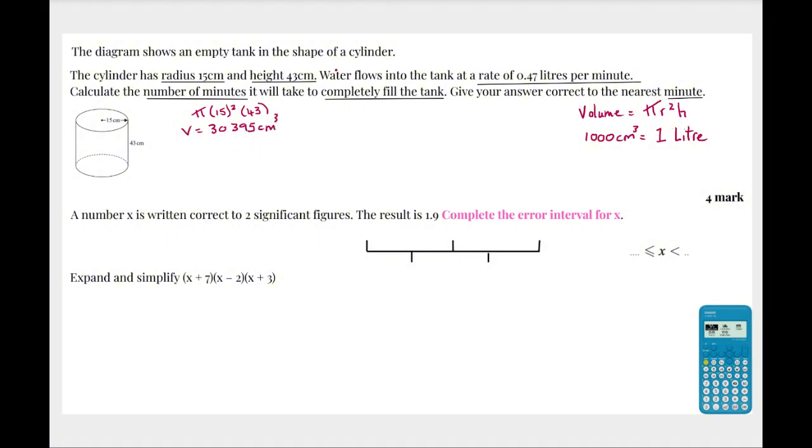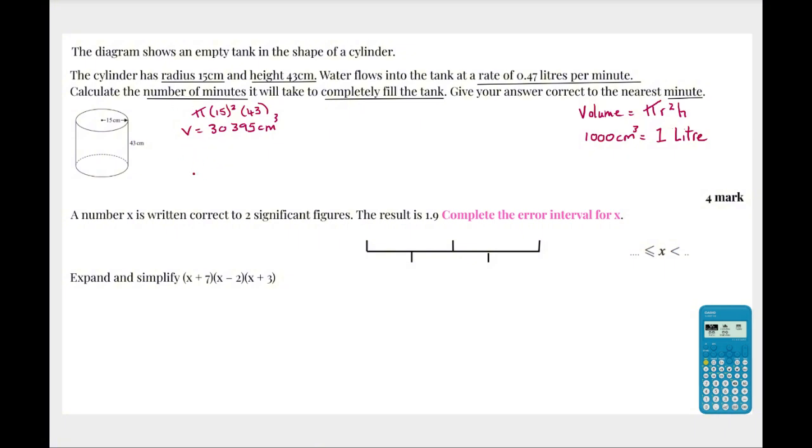So now we've dealt with the cylinder, we now need to work out the tank at a rate of 0.47 litres per minute. So we need to do a bit of converting here to start with. We know 1,000 centimetre cubed equals 1 litre. So what I'm going to do now is divide it.